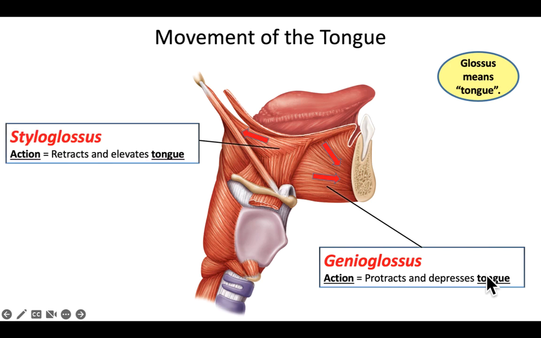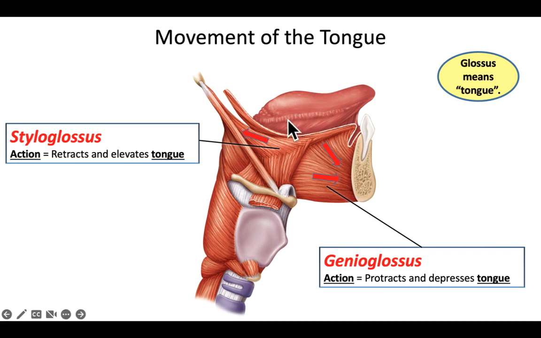The next one, the two parts should look very familiar. Stylo refers to the styloid process. So remember that little pointy process that sticks down from the temporal bone? That's right here. That's its origin. Notice the location of the styloid process relative to the tongue. So the styloid process is behind the tongue, it's posterior to the tongue, and superior to the tongue.